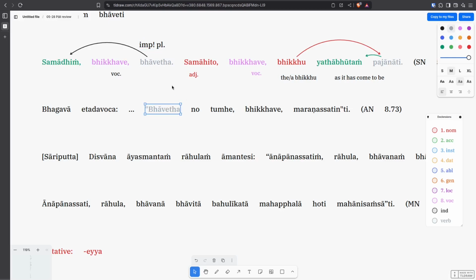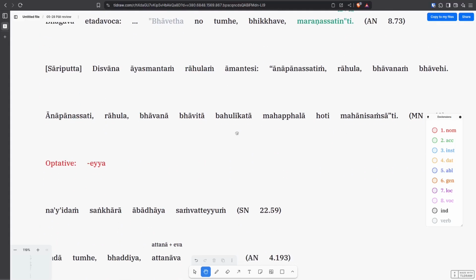He's giving an instruction: you bhikkhus, cultivate mindfulness of death, where in the end the ang plus iti becomes anti. This is a common sandhi in the text. And then another example here.